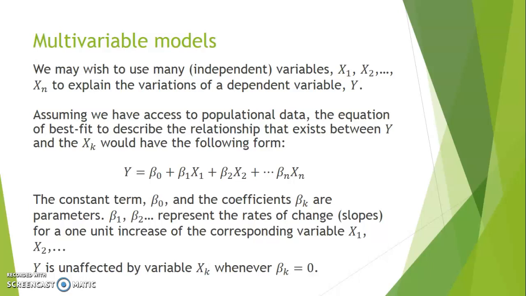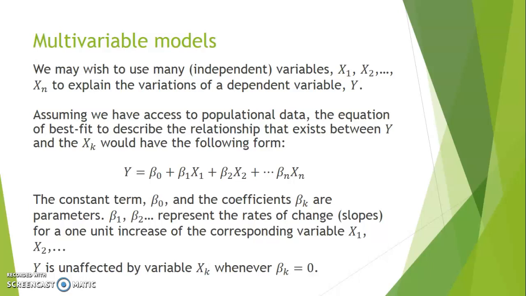We may wish to use many variables to explain the variations of a dependent variable y. Assuming that we have populational data to work with, the best fit equation that describes a relationship between y and the different x's can have the following form, where y is expressed as beta 0 plus beta 1 x1 plus beta 2 x2, and so forth.